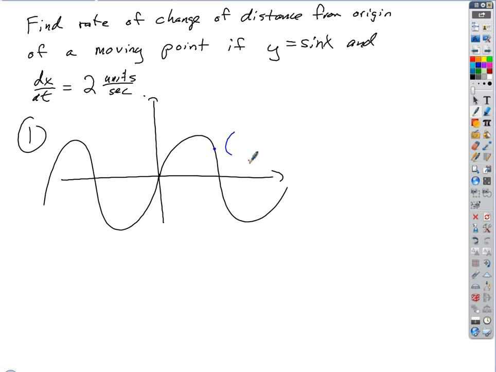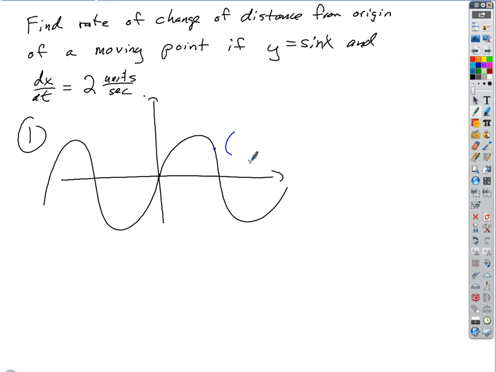X and y, right? Okay, well, we can't plug in any 2's yet. Just in general, what are the coordinates of that point?